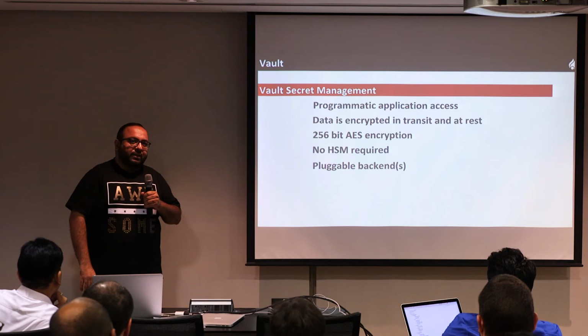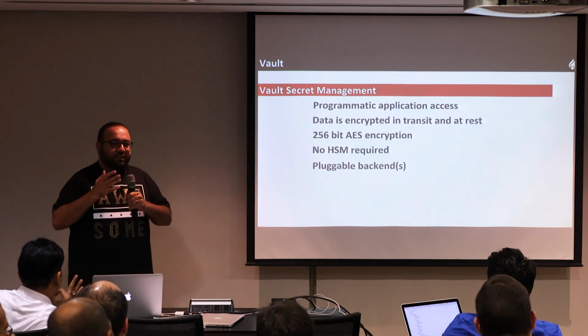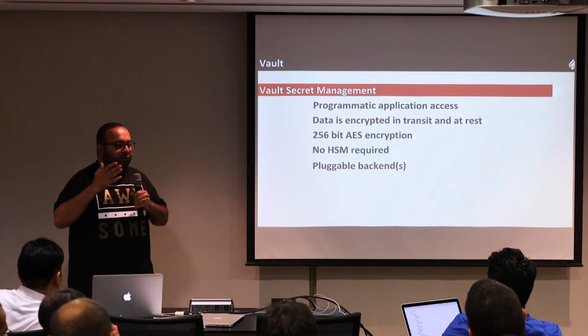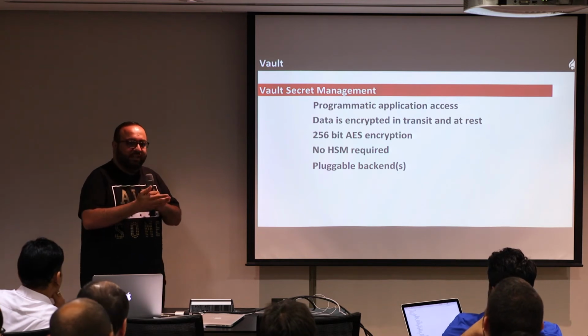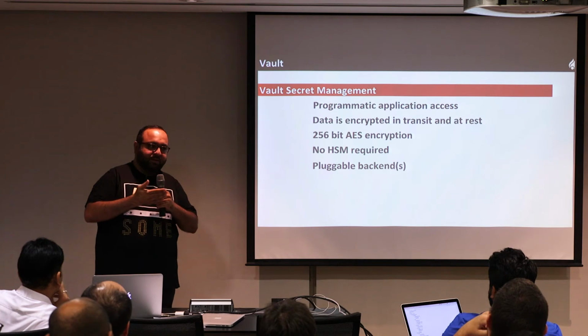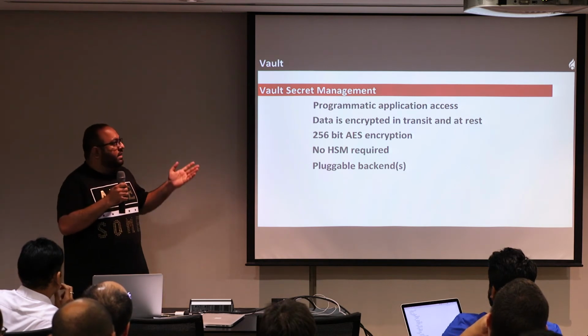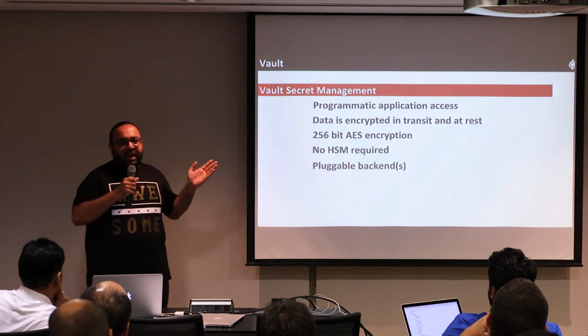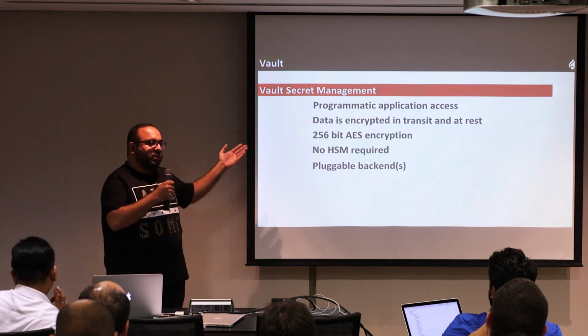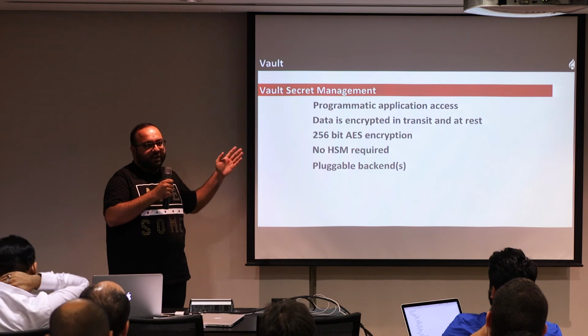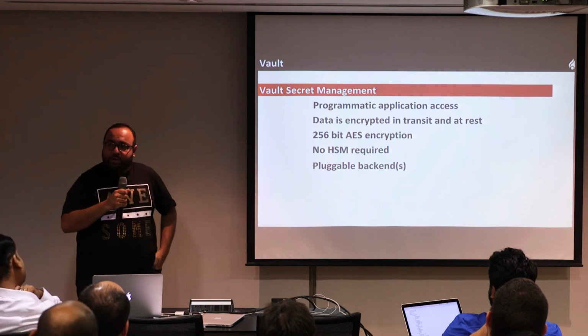The best part is you can generate secrets from inside your application. You don't need to actually go in and generate a secret and then put it in your application, because it provides the API that is actually secure, because everything in transit or at rest is encrypted.